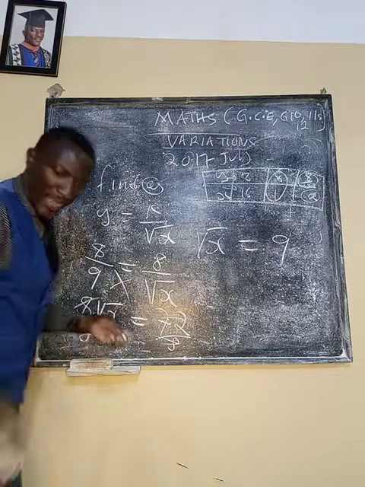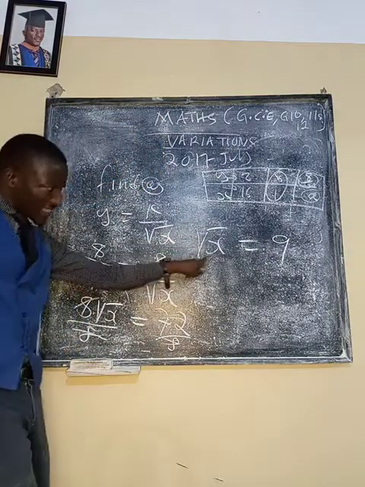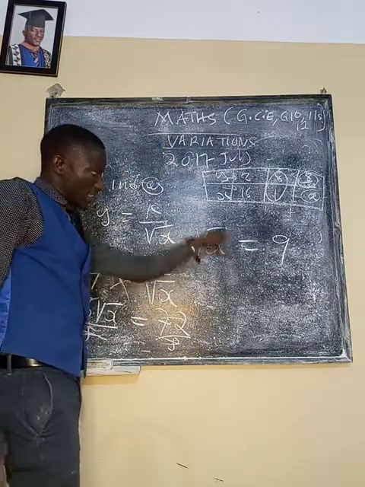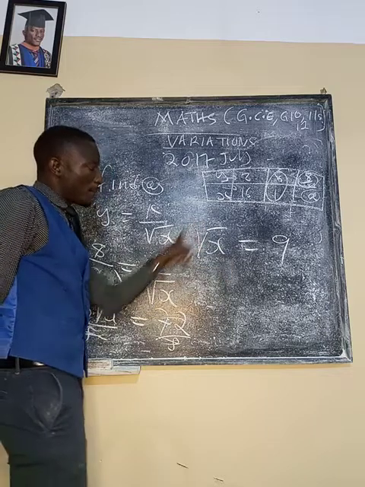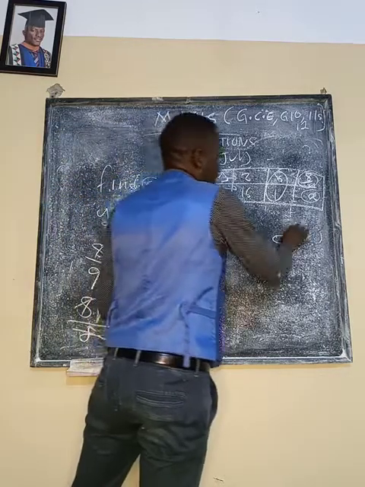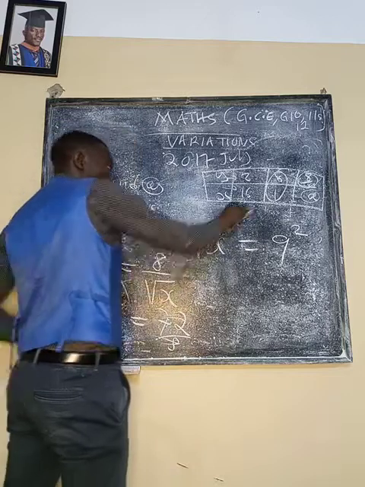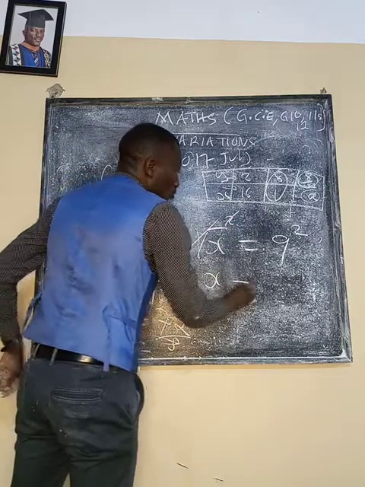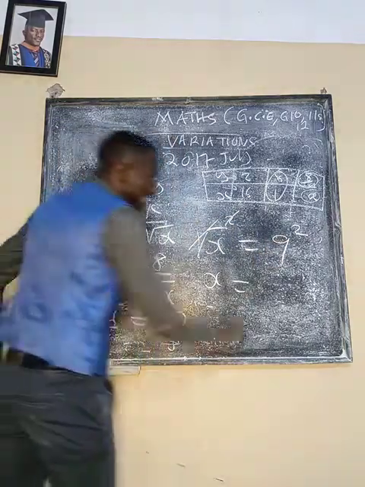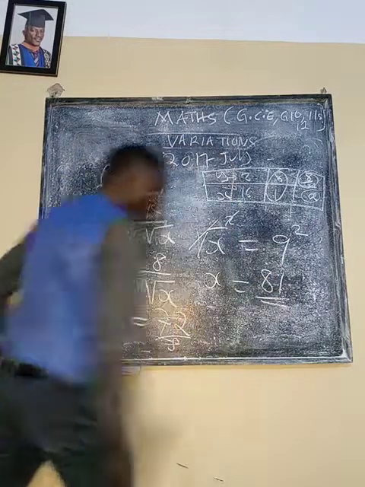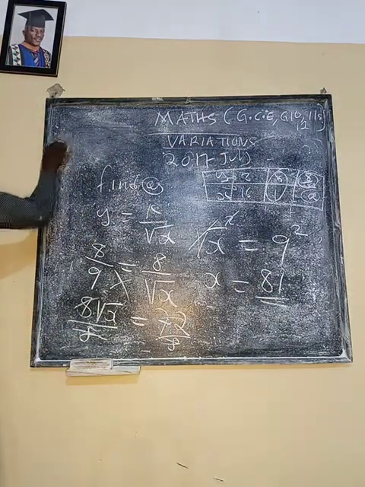We want to get rid of the square root. We want x. So for you to get rid of the square root, you apply the square on both sides. You cancel this, you cancel that. x equals the square of 9, which is 81. That becomes the answer. Don't confuse it with this.